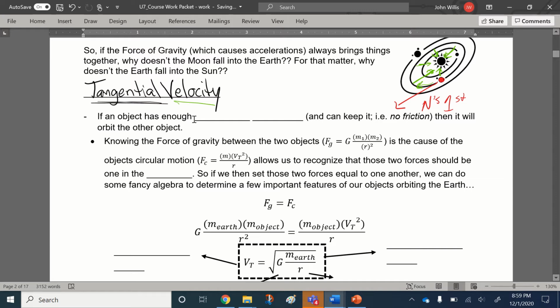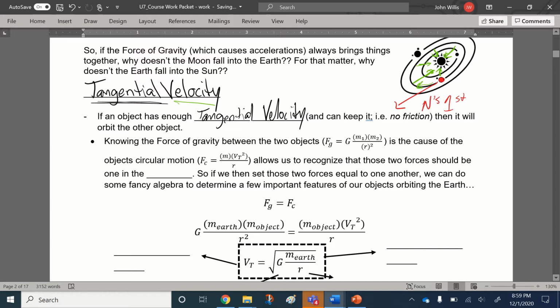So if an object had enough tangential velocity or linear speed, they pretty much mean the same thing, and I'm going to keep using the same term just because we didn't have that unit, and could keep it, meaning it wasn't bumping into anything else, then it's going to keep making that circular path.